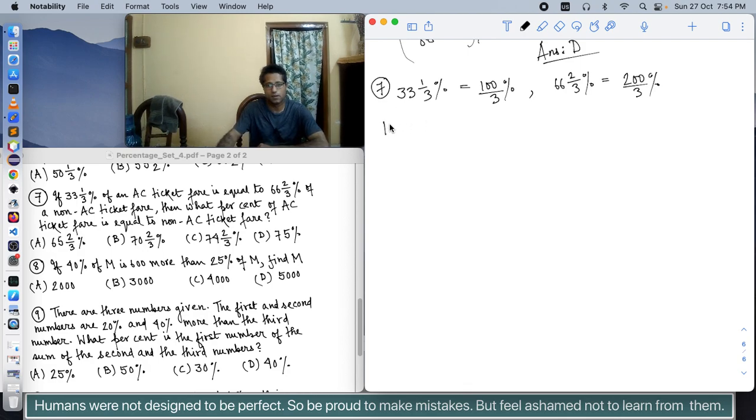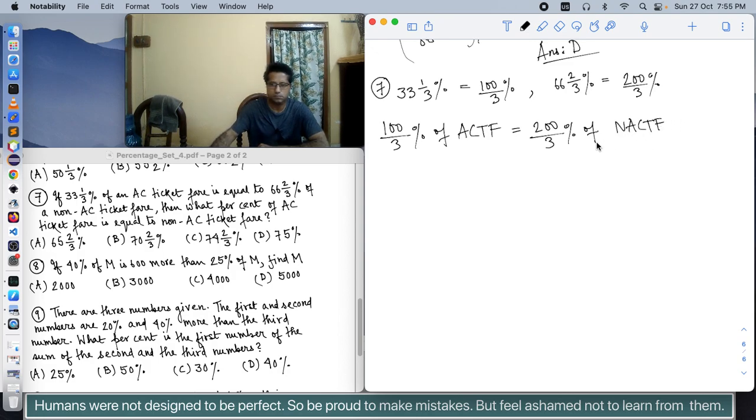So we have 100 by 3% of AC ticket fare is equal to 200 by 3% of non-AC ticket fare.